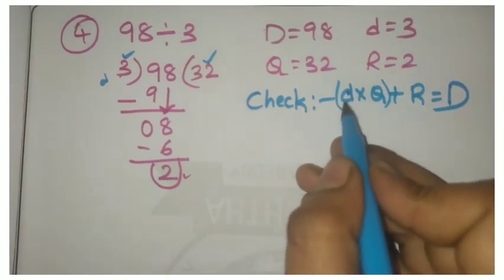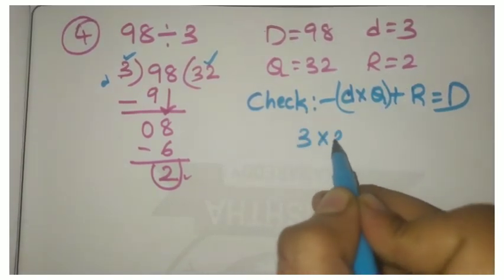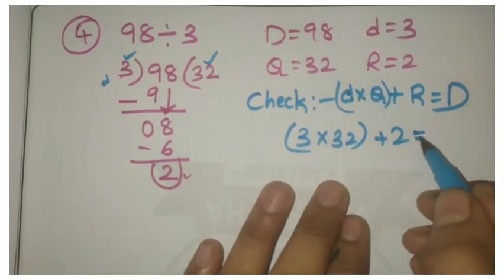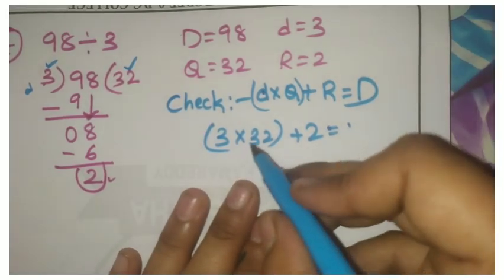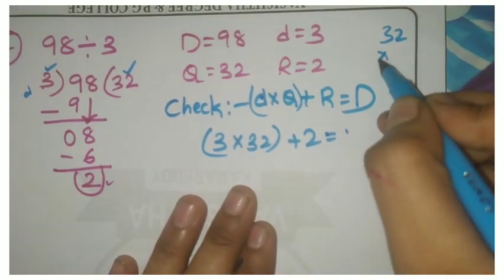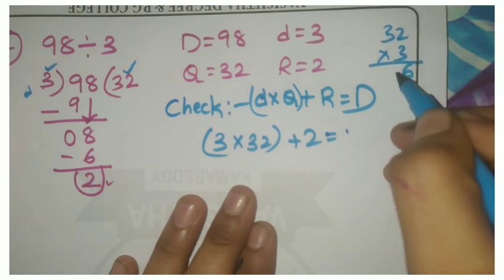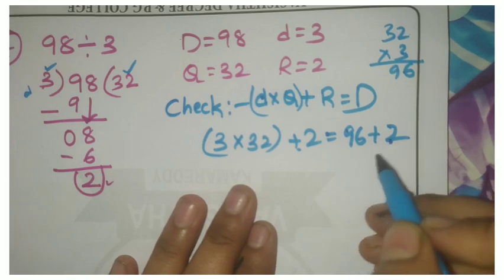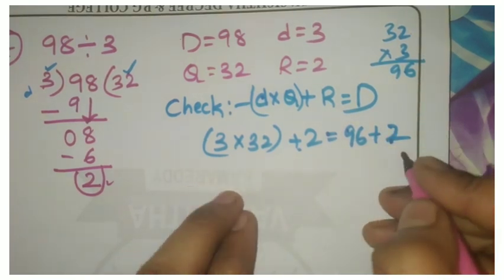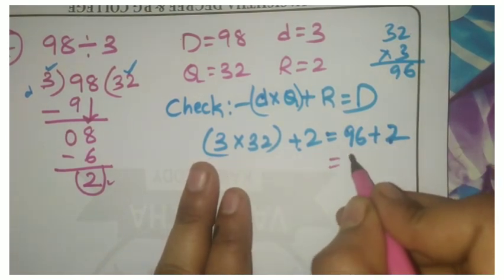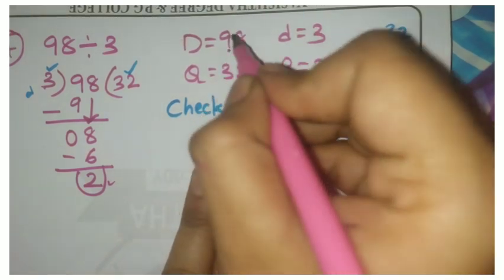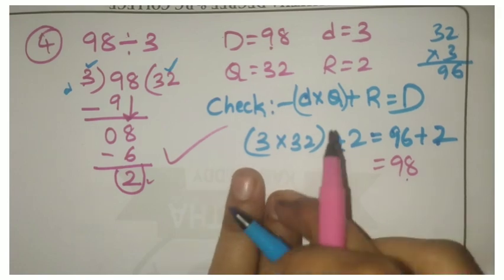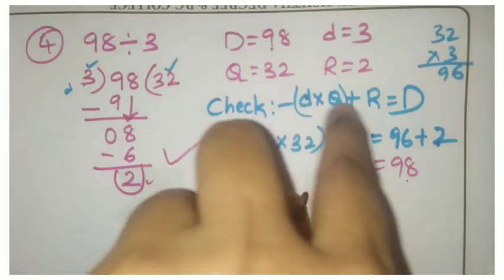What is the divisor here? 3. 3 into 32 plus 2 is equal to, look, 32 into 3. 3 2s are 6. 3 3s are 9. 96 plus 2. Here 2 is there, so we will add 2. 96 plus 2, 97, 98. We got the dividend. Yes, so the answer is correct. Okay, like this you have to do division and check the answer by using this formula.